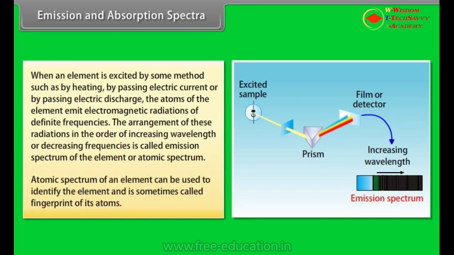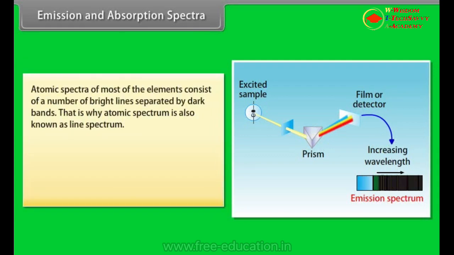The atomic spectrum of an element can be used to identify the element and is sometimes called the fingerprint of its atoms. Atomic spectra of most elements consist of a number of bright lines separated by dark bands. That is why the atomic spectrum is also known as the line spectrum.